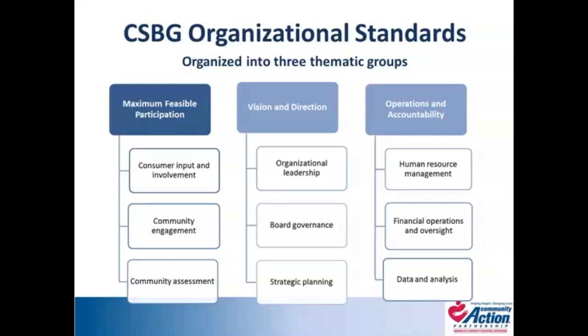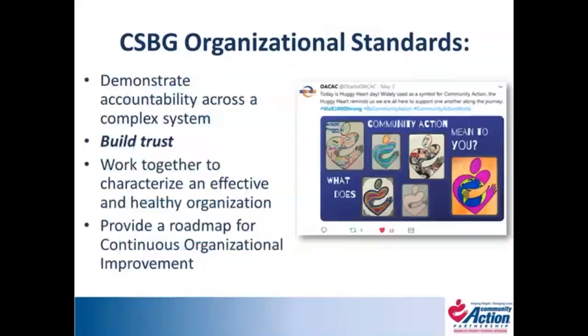The target is that all agencies meet 100% of these organizational standards. But we also know 100% of everybody doesn't mean 100% of anything 100% of the time, because we are human beings working in a human system. But this system of organizational standards helps build trust. I believe it's something like 92% of the agencies right now meet more than 70% of the standards. Thank you, Community Action, for helping us move that needle in that direction.